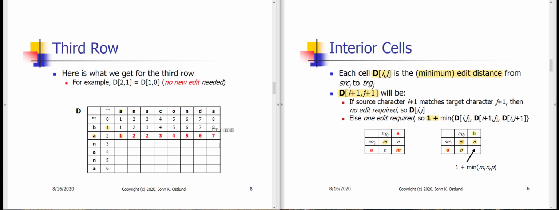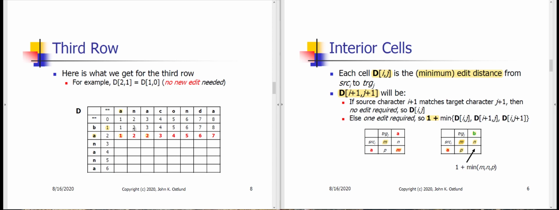And cruising along here similarly, here's another A. So there's another case where we simply copied down the diagonal value. How can we convert BA into ANA? How can we do that in just 2 editing operations?